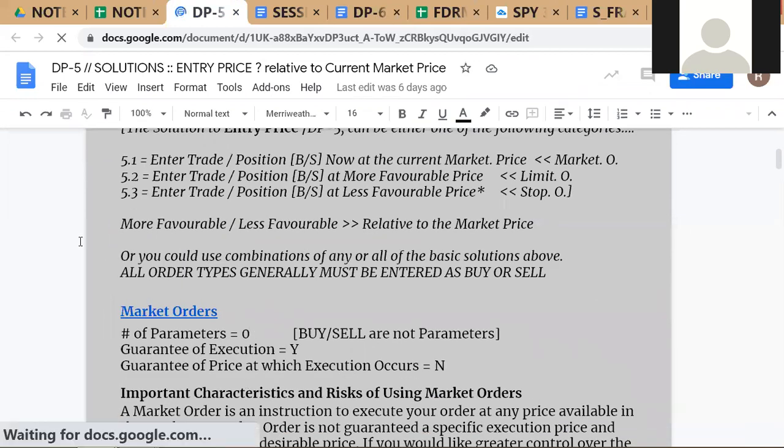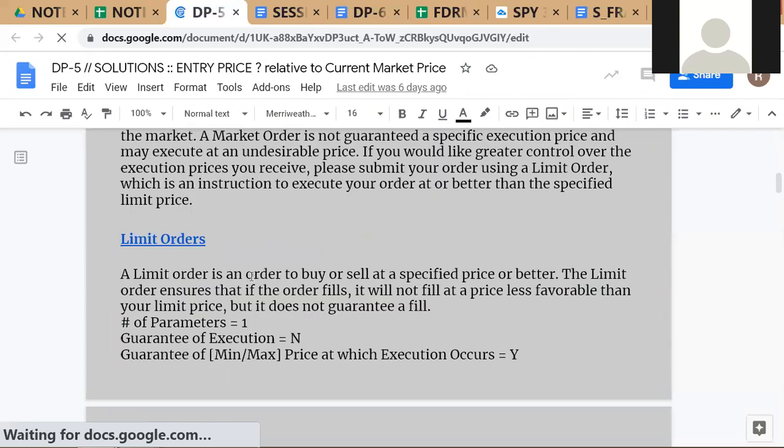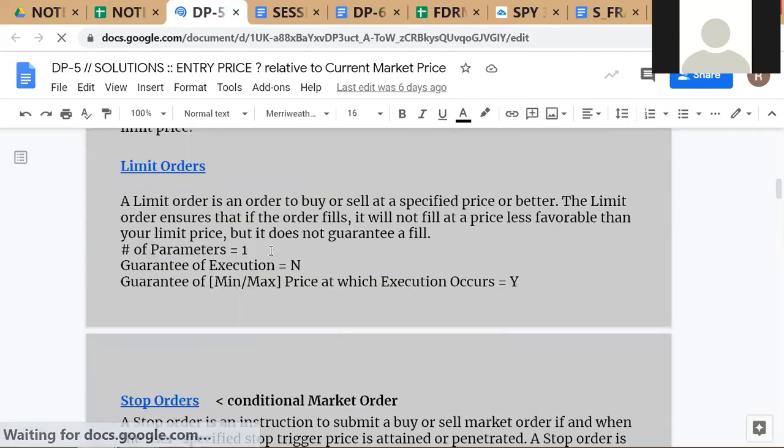You see here that the number of parameters in a limit order is 1. When we say number of parameters, we don't include buy sell. The direction of the order, or the transaction type buy sell, is not considered a parameter. It is understood that in every order there will be a buy sell element. You have to specify whether it's a buy order or sell order, so we don't consider that as a parameter. Other than that, it is one parameter.